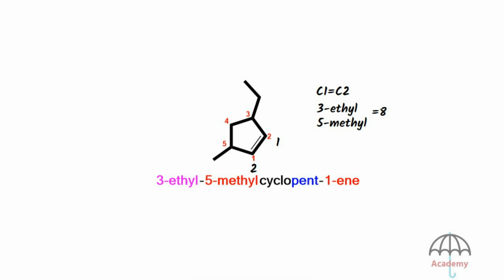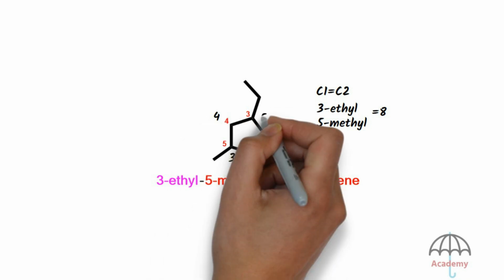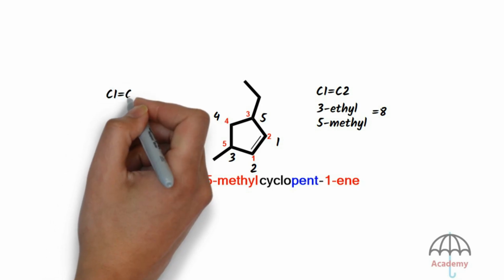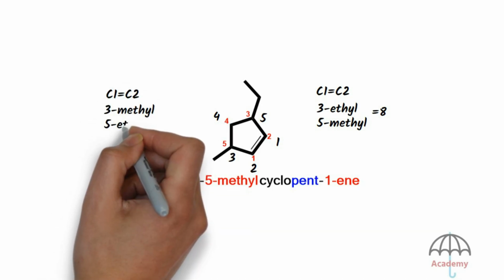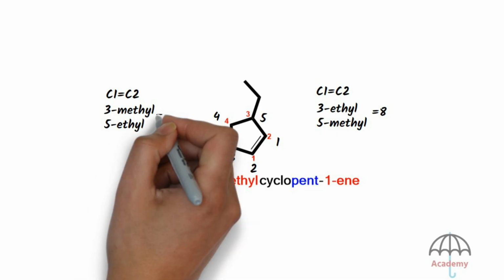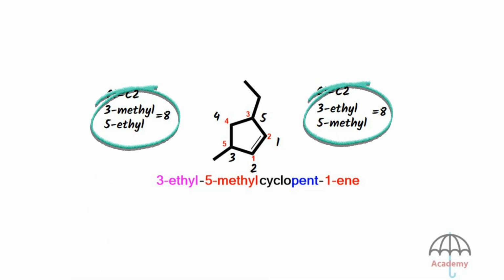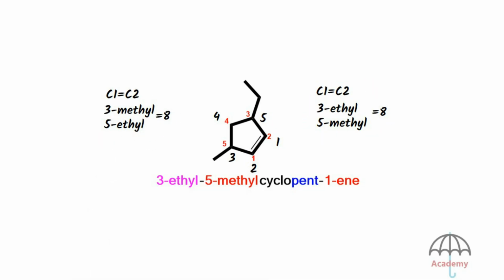If we do the numbering in reverse order like this, we still have double bond between C1 and C2. At C3 we have methyl and C5 we have ethyl. The sum of locants is 8, which is same as for previous way of numbering. In such a situation, the alphabetical order is followed for preference.